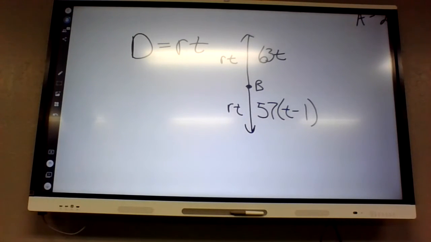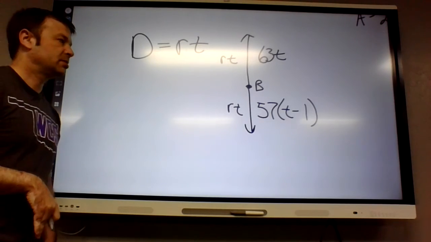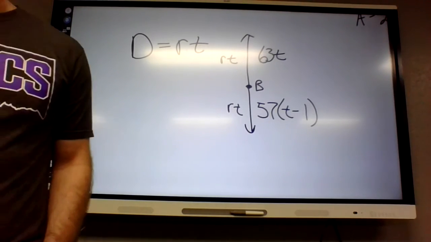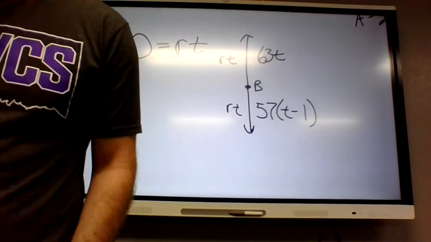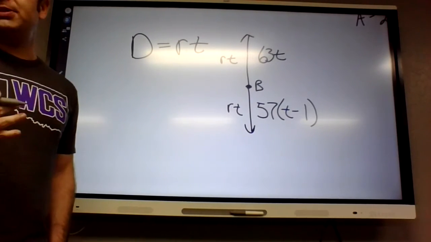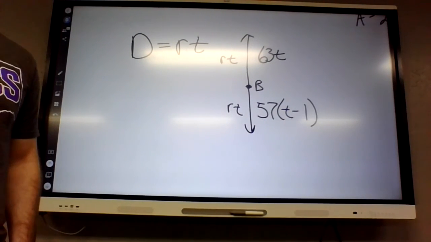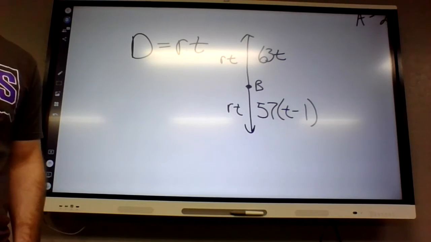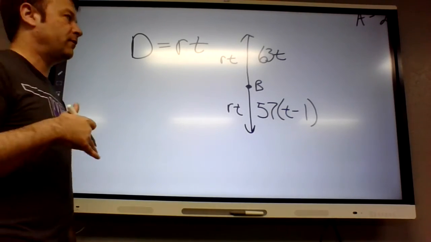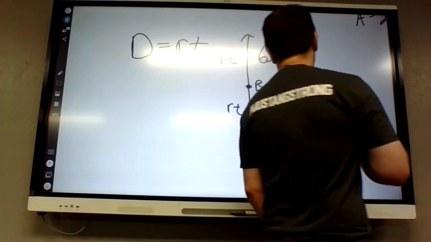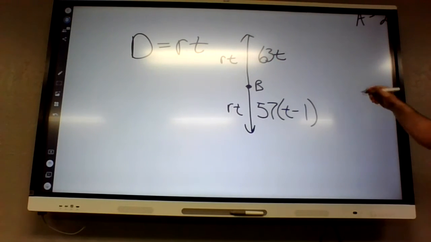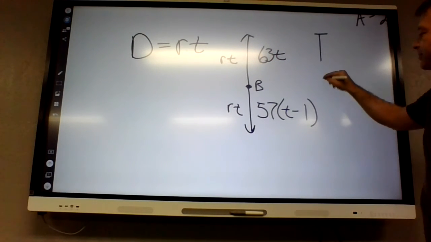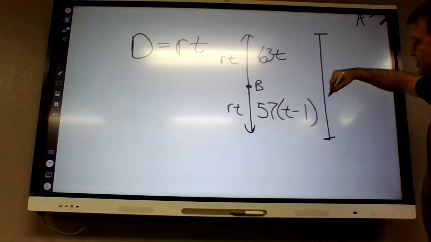I'm just replacing the R's and the T's with whatever they tell me. Okay, we need one more fact. The question is how long, so how much time will each have traveled when the trains are 243 miles apart? Where do I put 243? Equals. That's from there to there, all the way across.